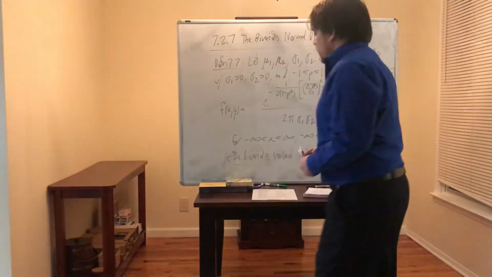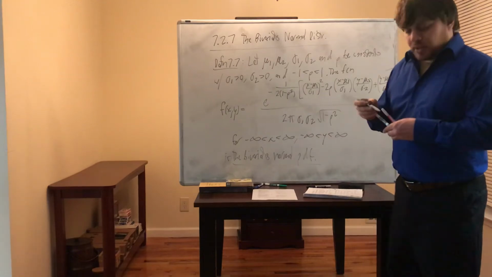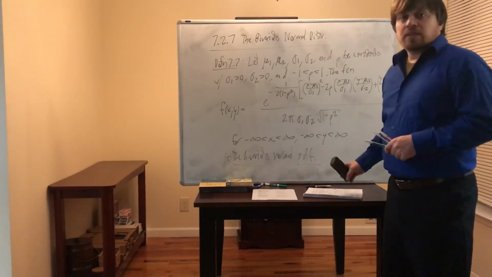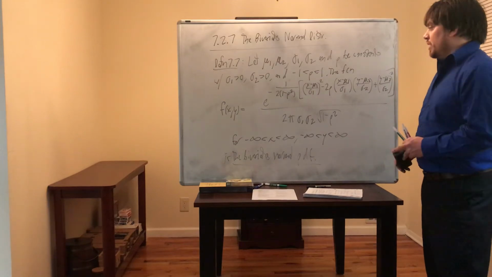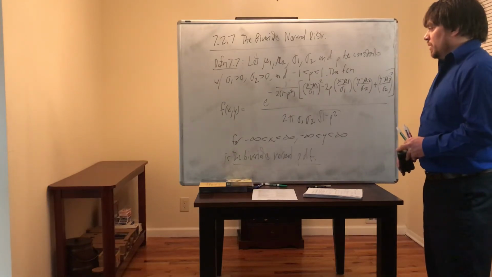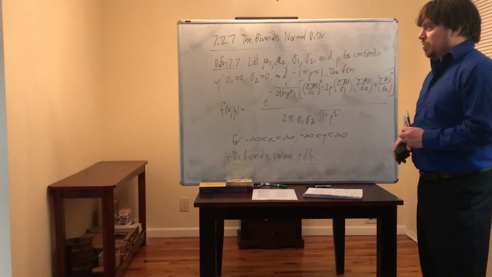Okay, good. Everything's good here. Give me a chance to look at it and write things down. That's the bivariate normal probability density function.